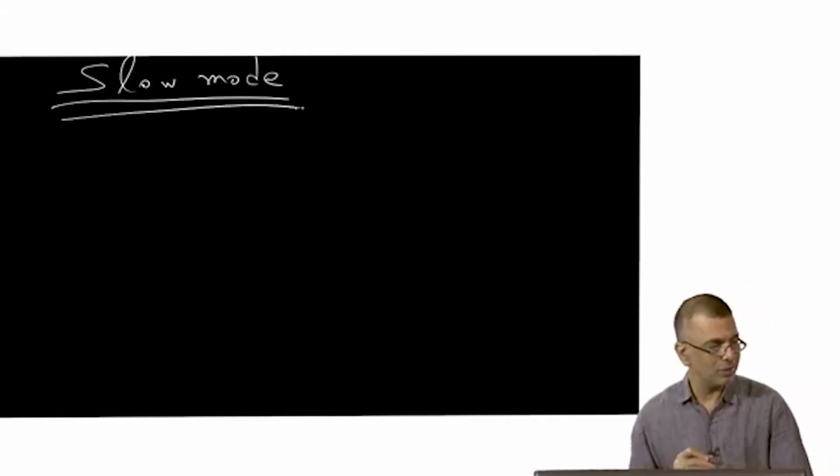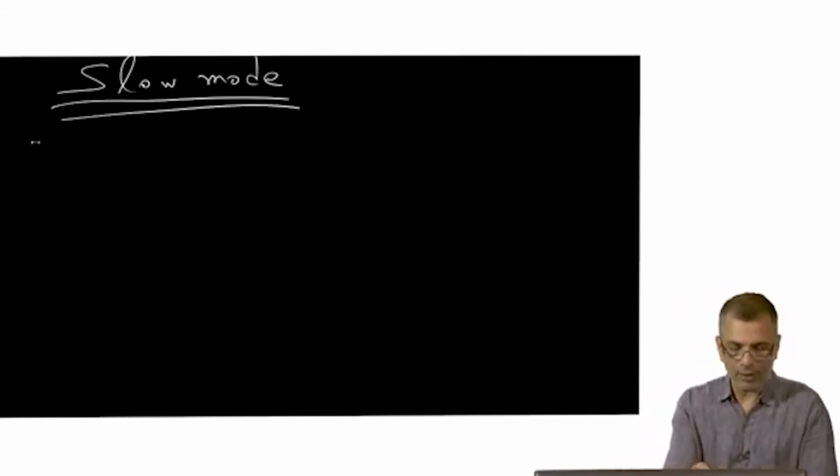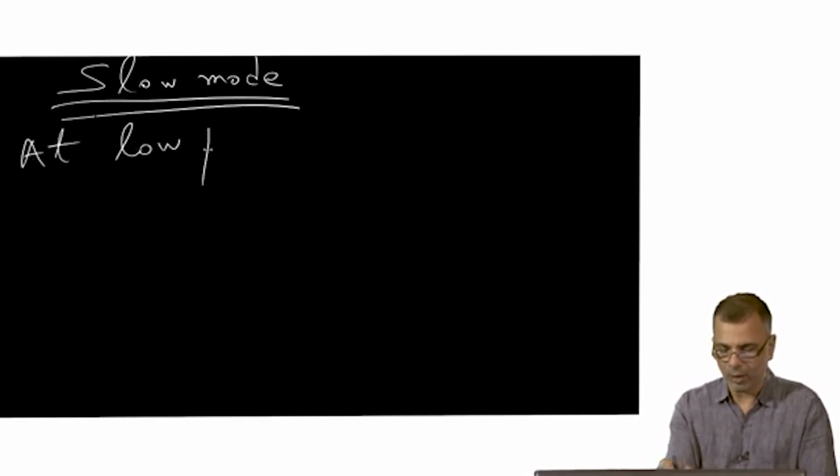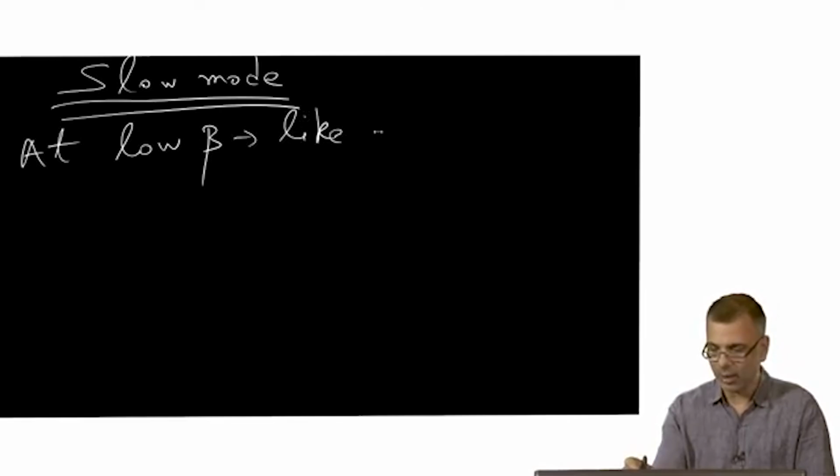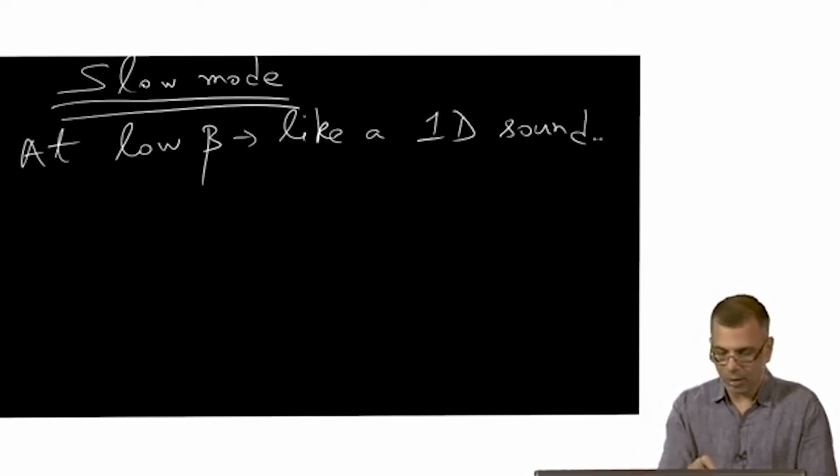As regards the slow mode, at low beta, it behaves like a 1D sound wave, except it's not isotropic.